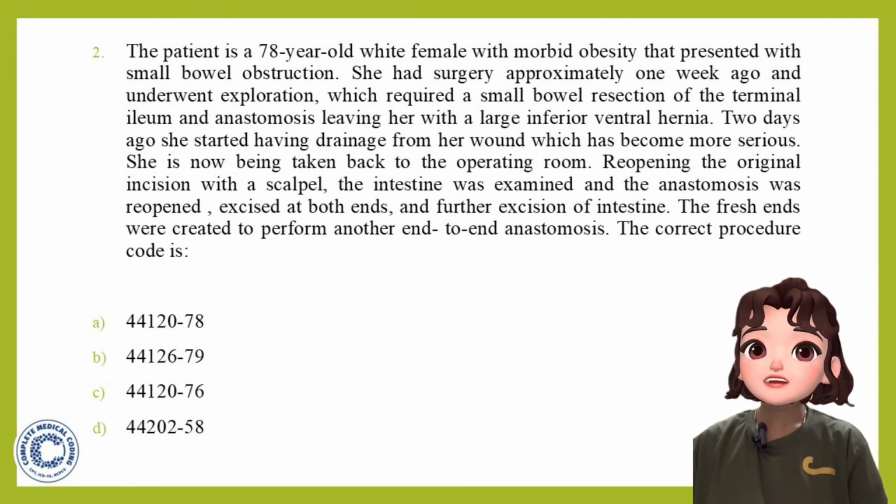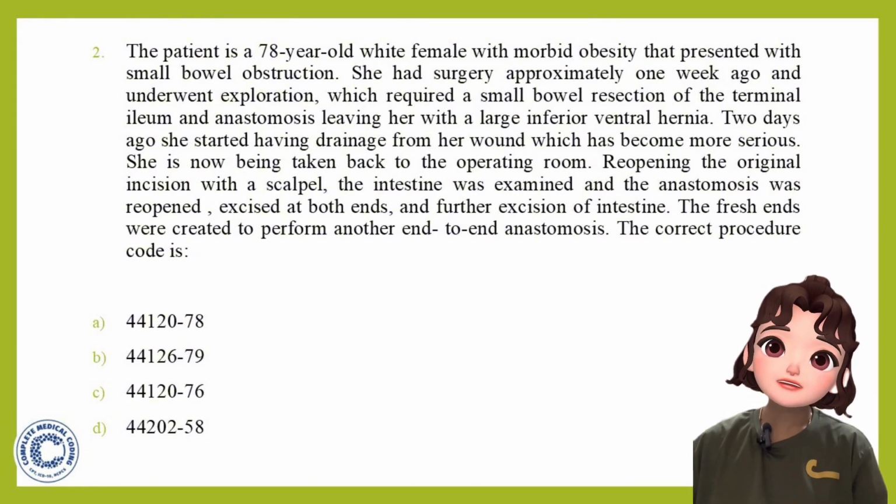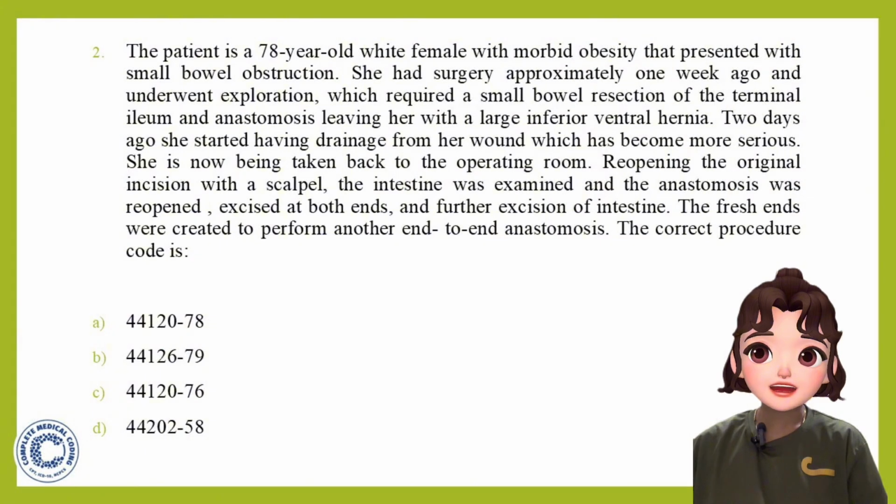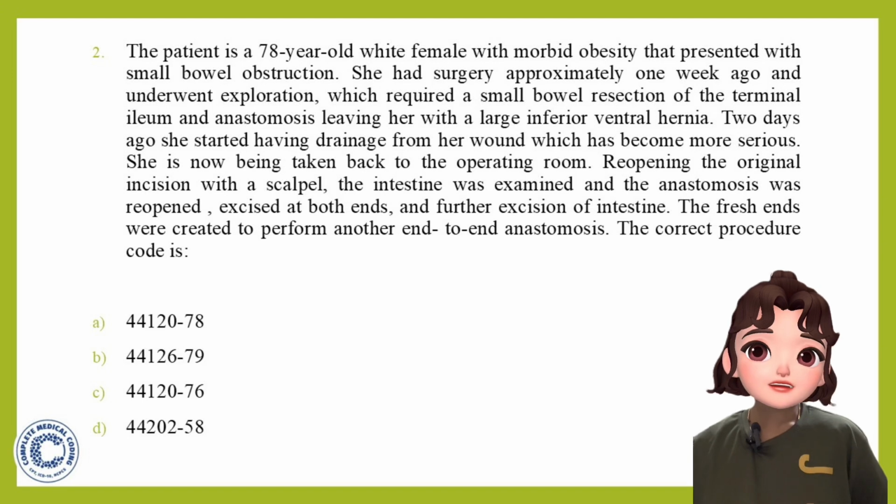She is now being taken back to the operating room, reopening the original incision with a scalpel. The intestine was examined and the anastomosis was reopened, excised at both ends, and further excision of intestine. The fresh ends were created to perform another end-to-end anastomosis. What's the correct procedure code?